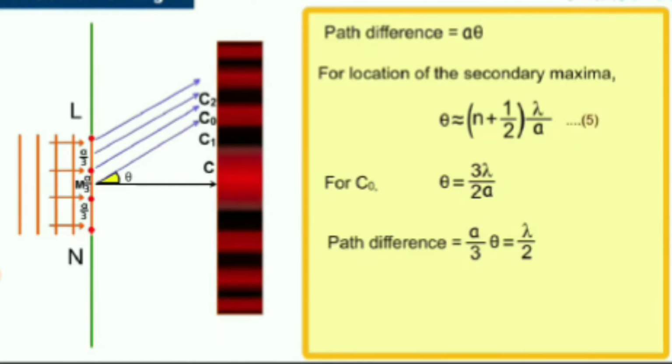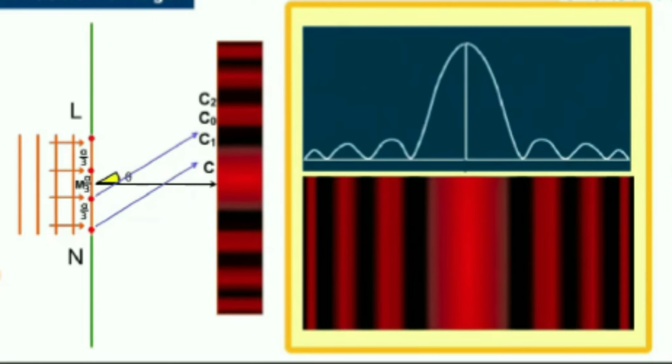In the same way, all the waves from the first part can interfere destructively with corresponding waves from the second part of the slit. Only the remaining one third of the slit contributes to the intensity at C0. Therefore, the intensity of the secondary maxima is much weaker than the intensity of the central maxima. The intensity distribution due to diffraction of light is as shown.